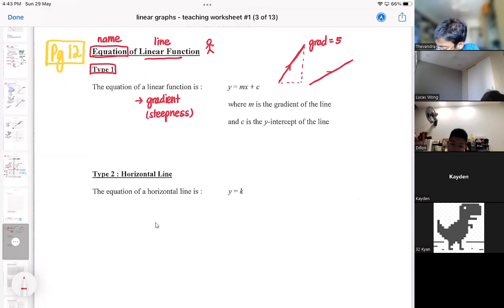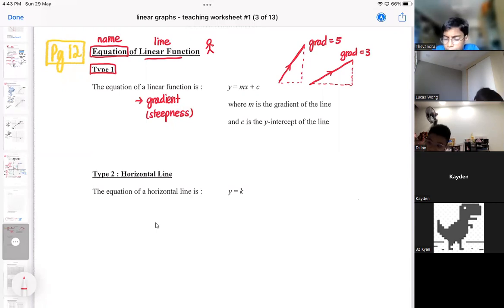But if I ask you to climb this mountain, I think you feel like, okay, not so bad. This one is gentler, so maybe I'm expecting the gradient to be like a 3. Okay, so this is the idea of gradient.